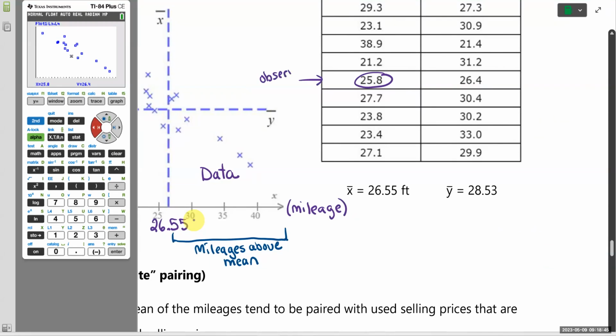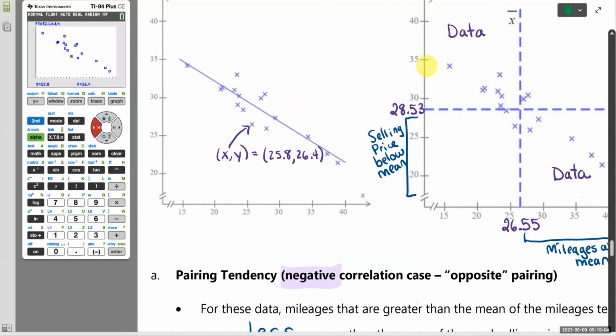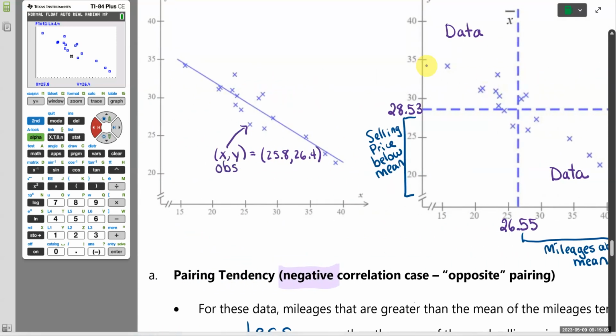So in my study, I observed a car that did have 25.8 thousand miles, and it sold for $26.4 thousand. So Y represents the Y value from the sample data. So that's the observed. Right, compared to what we predicted.